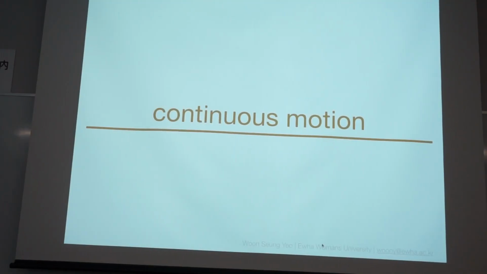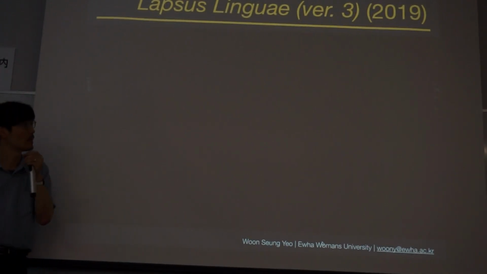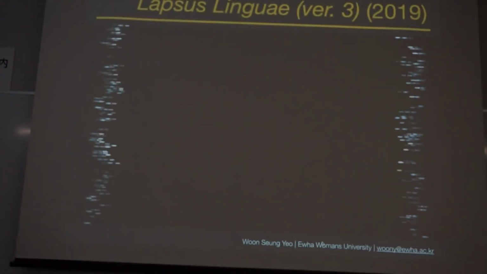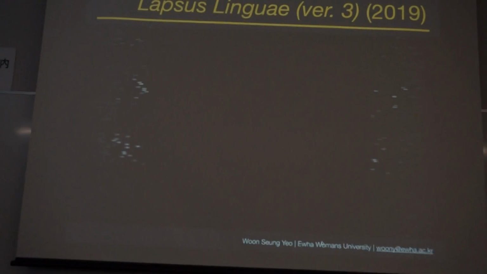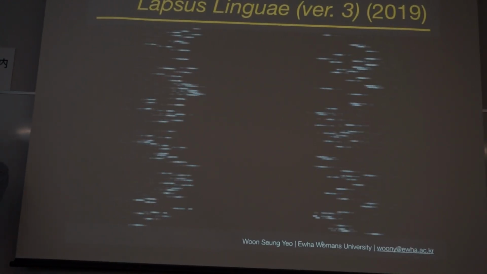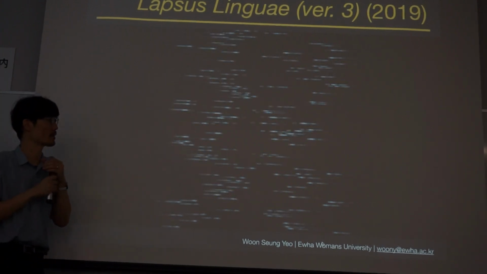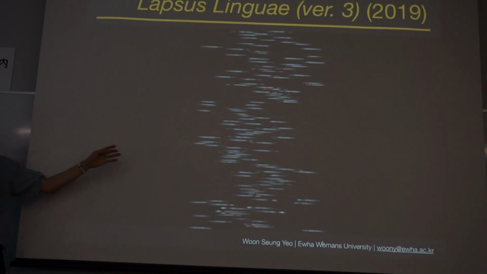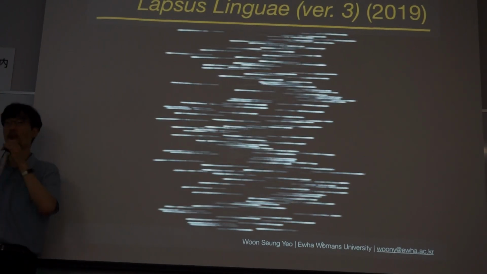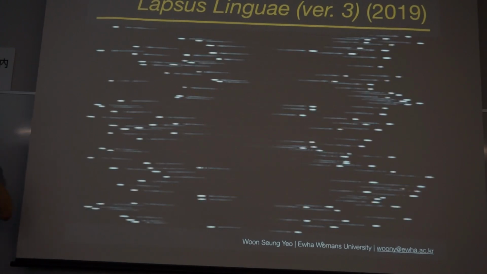And another one is continuous motion. So this example, increase the volume a little bit. This piece is based on the human voice. And we can see that the visual is responding to the loudness or volume of the sound, right?